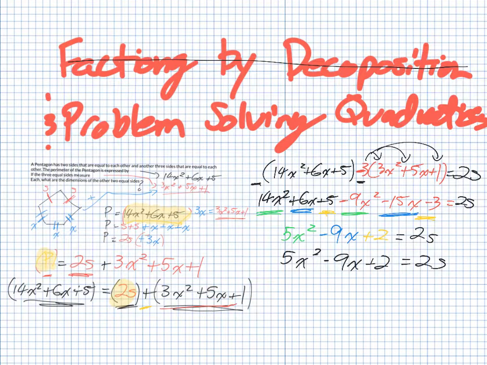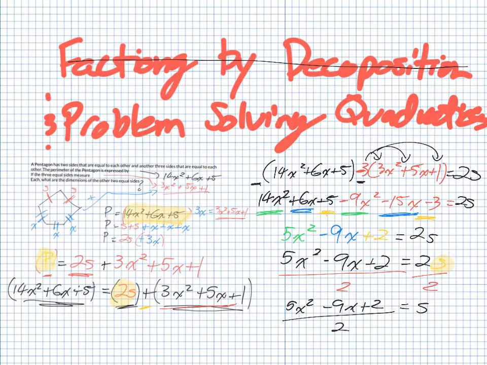Well, the goal is still to isolate just s. So we are going to divide both sides by the number 2. So when we divide this all by 2, we can just write it like that if we want. And we can technically say that s is equal to all of that. But then that's each individual side. You can say 5x squared minus 9x plus 2, all divided by 2.